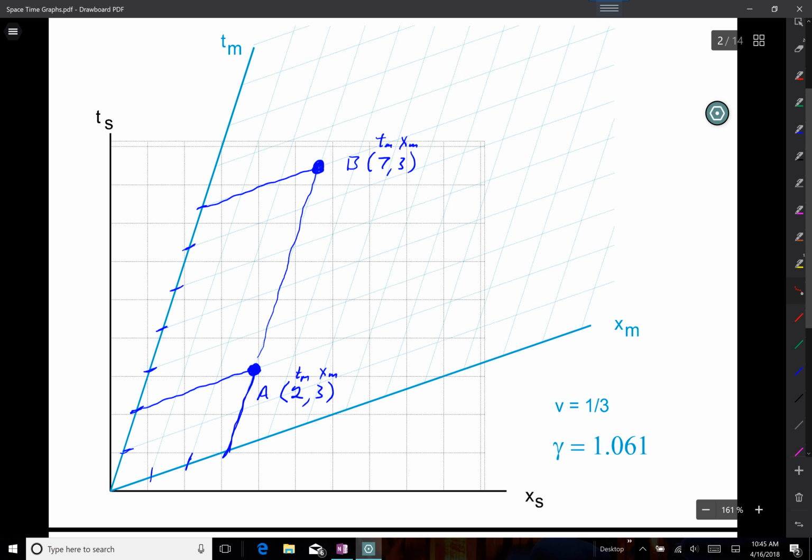Some of the questions that are given to you are asking you to compare each dot with the other, comparing A and B, the distance between A and B, the time between A and B. Other questions are asking you for the coordinates of event A. Well, coordinates always mean you're comparing the dot with the origin. So the position coordinate would be how far A is from the origin.